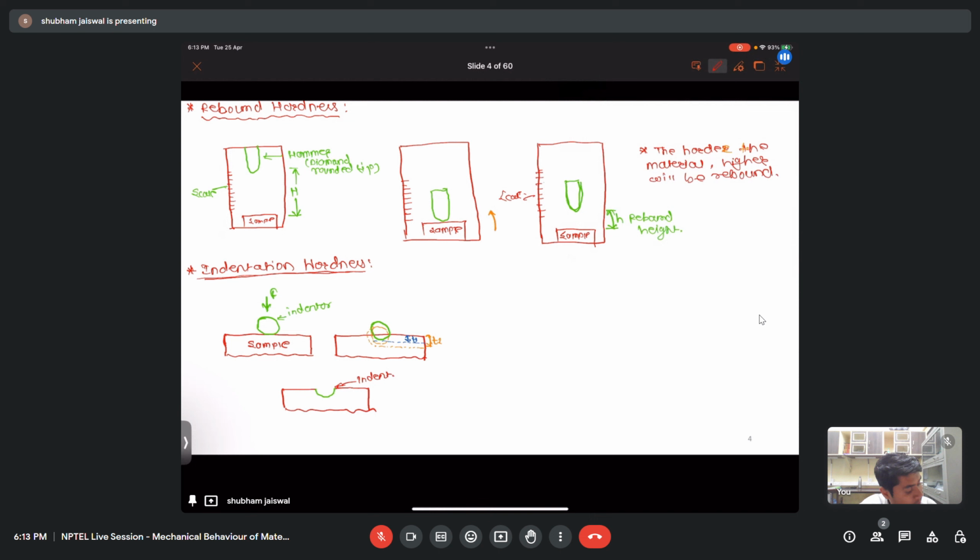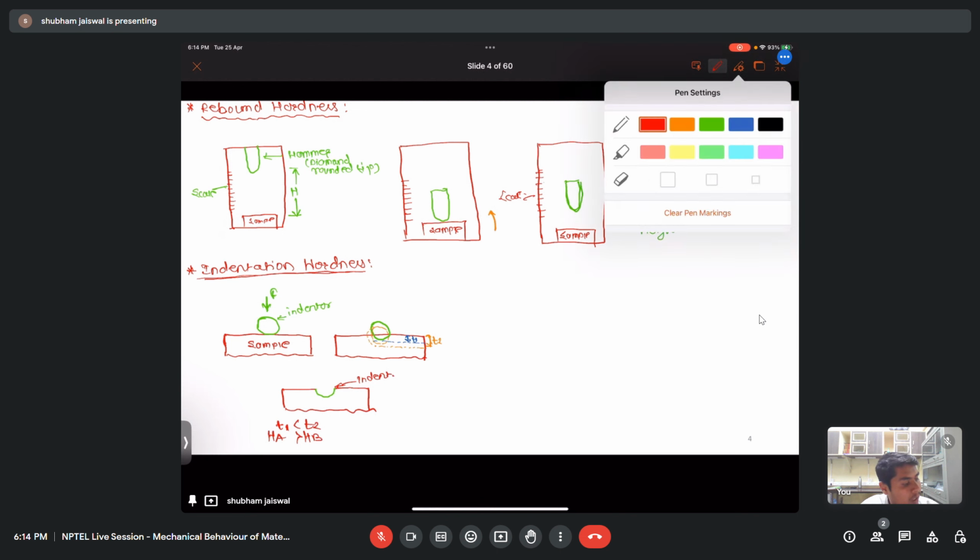Here also we can say that if T1 is less than T2, let's say the T1 depth is for material A and the T2 is for material B, then we can say that material A has higher hardness as compared to material B. So here we will see the indent.